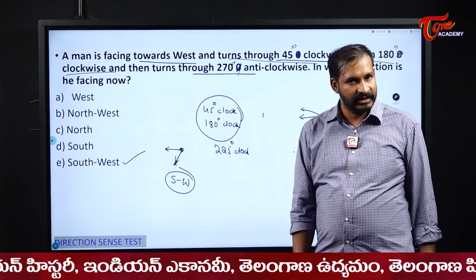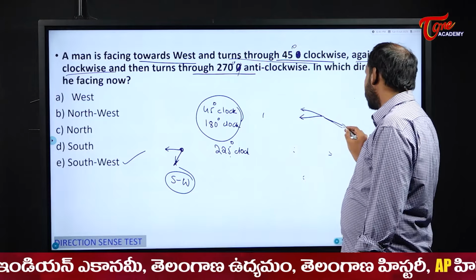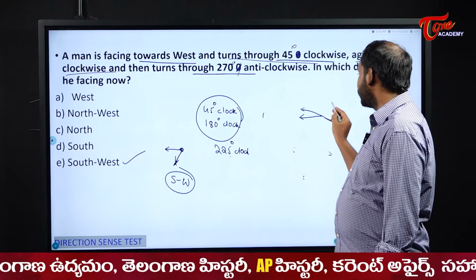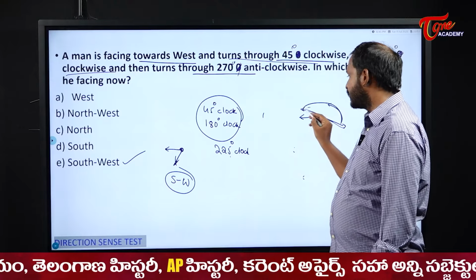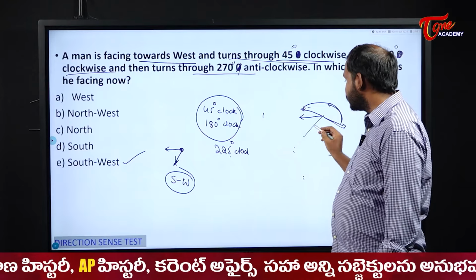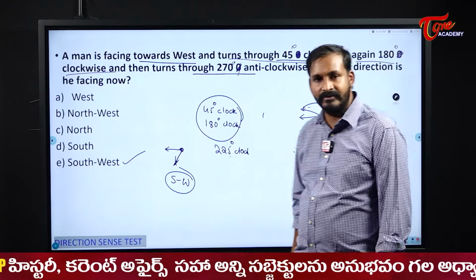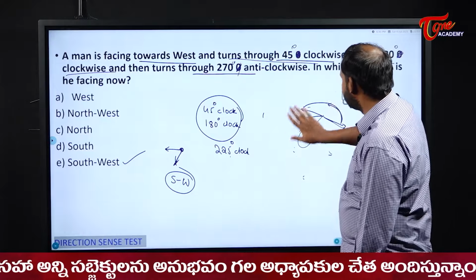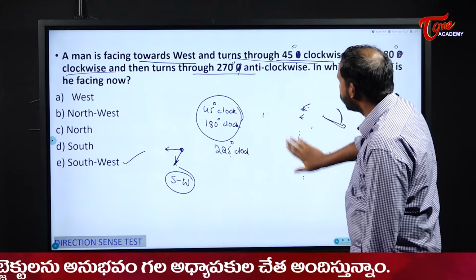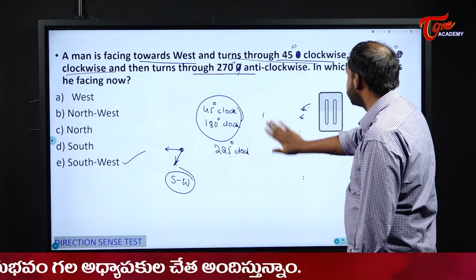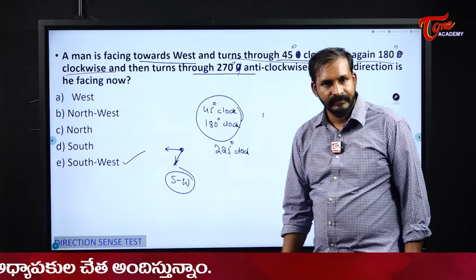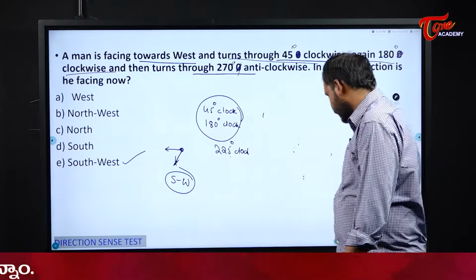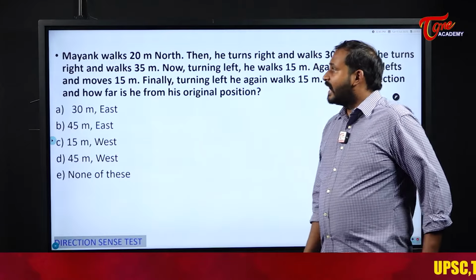Then 270 degrees anti-clockwise: 180 means once again he will come to this one, and from here 90 degrees means he will come to this one, which will be southwest. You will get the same answer, but it will be a little bit confusing. Instead of that, add all the clockwise, add all the anti-clockwise, and then solve it easily. So our answer here becomes southwest.